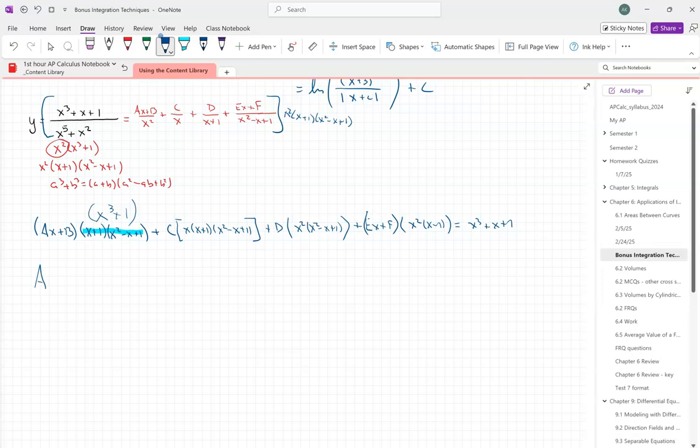So I'd have ax to the 4th plus bx cubed plus ax plus b. This guy is going to just be x to the fourth plus x, so I have plus cx to the fourth plus cx. And this one's going to be dx to the fourth minus dx cubed plus dx squared.